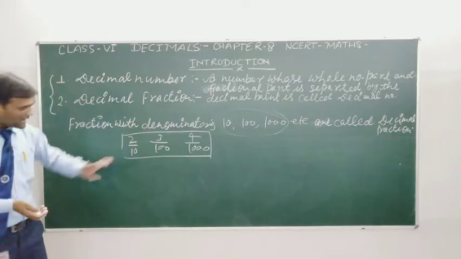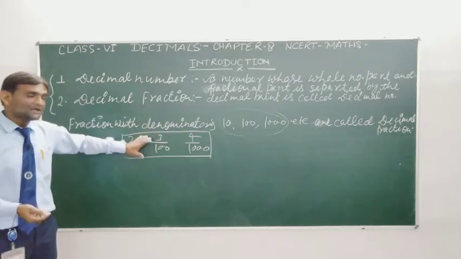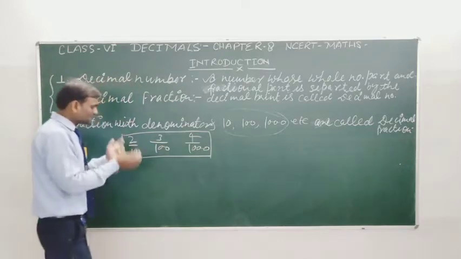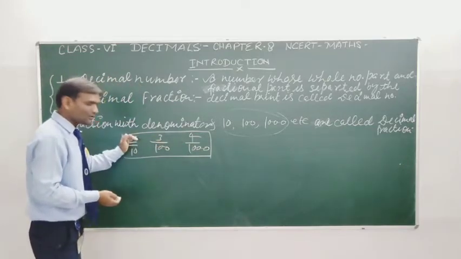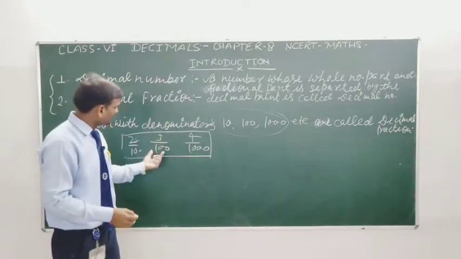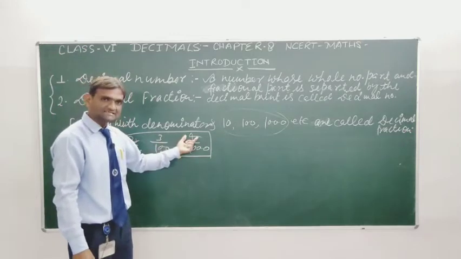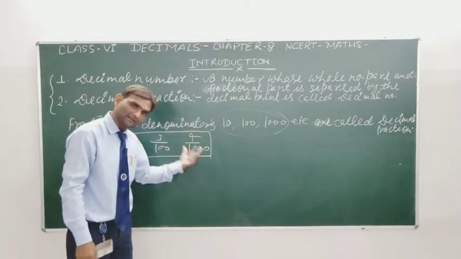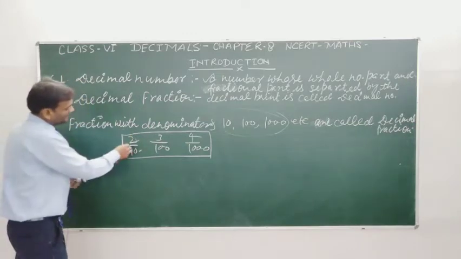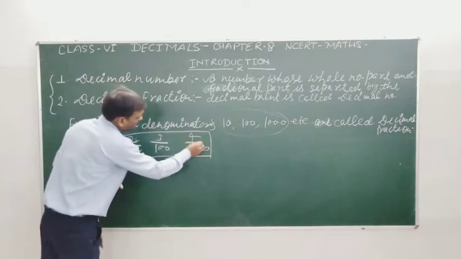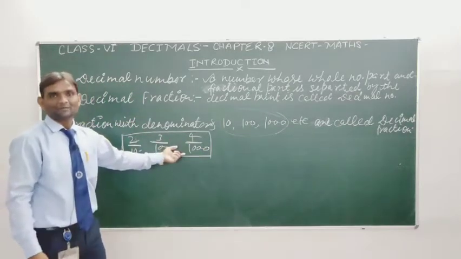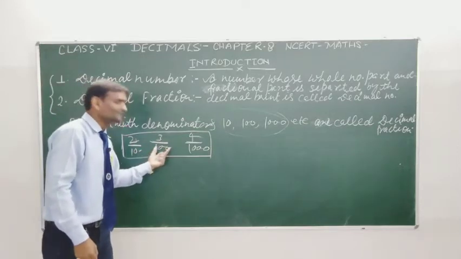Why, student? Why is this called decimal fraction? Because all these 3 numbers are written in fraction form, because 2 is numerator and 10 is denominator, 3 is numerator and 100 is denominator, 4 is numerator and 1000 is denominator. And you are seeing here that the denominator of all these 3 fractions are 10 type numbers, means 10, 100, 1000.